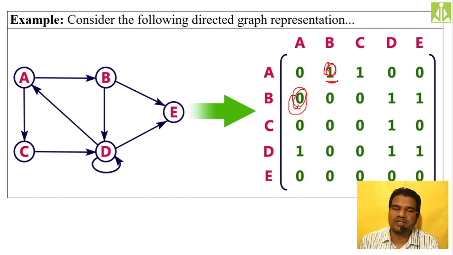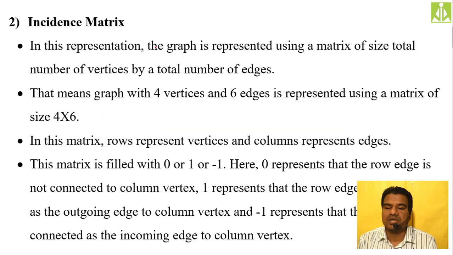If there is no directed edge in that direction, if you consider B to A, where B will become the start point and A will become the end point, B will become the origin and A will become the destination, in that case we don't have any edge from B to A in reverse direction. So B to A we are keeping 0. Like that for all the nodes you can tally.